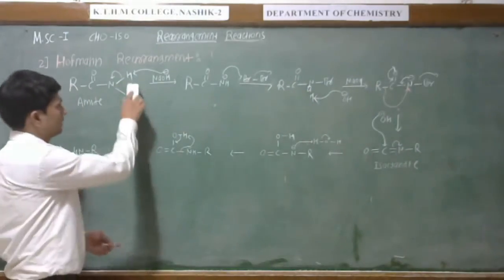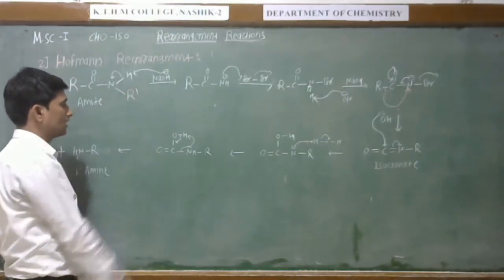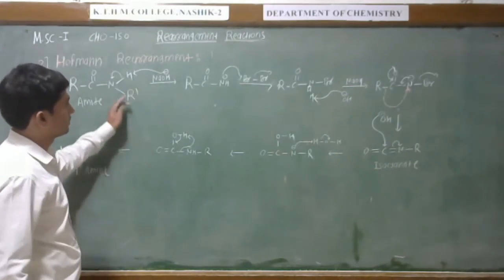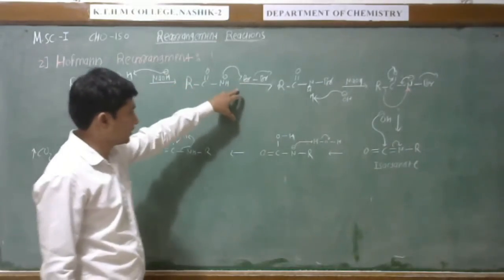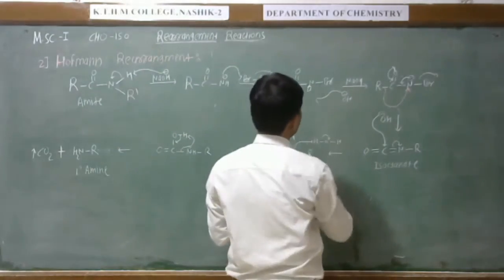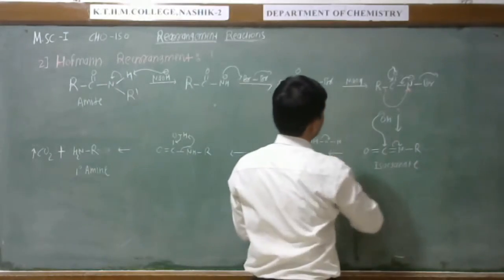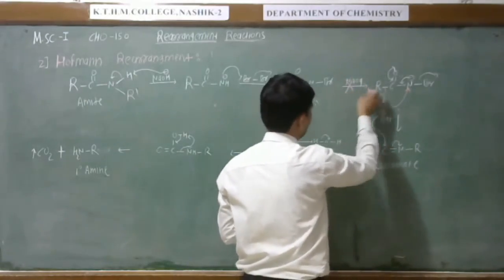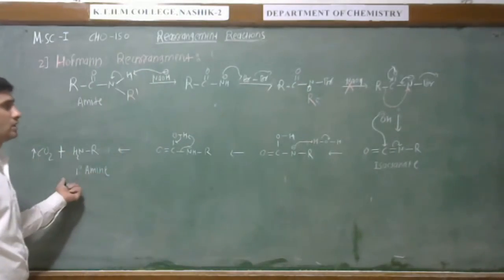If we take a monosubstituted amide, then this step will proceed, but this step of absorption of this R group will not happen here, and hence the next step will not happen, which does not give the primary amine.